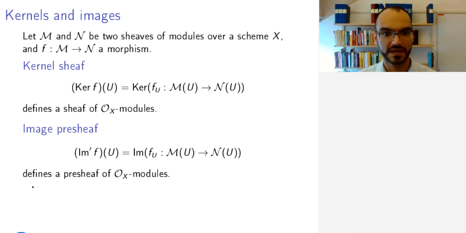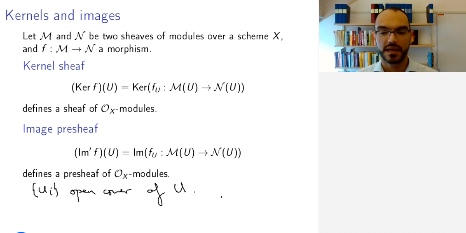Again, I have an open cover U_i of U, and then something belongs to the image on U_i, so maybe I say that n_i belongs to the image of F on U_i.